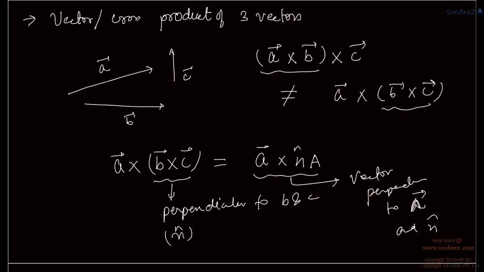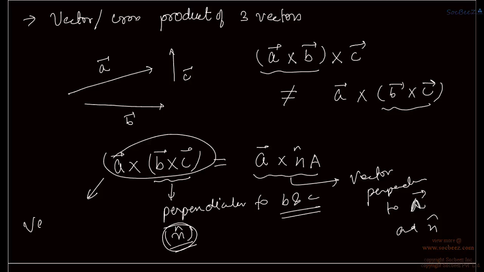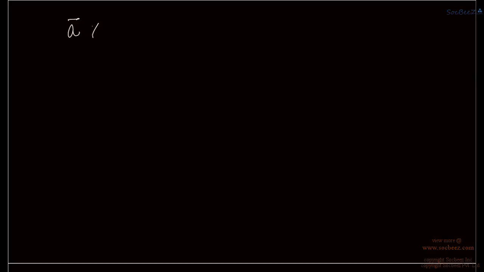That means the resultant is perpendicular to n, that means perpendicular to the normal of B and C, that means in the plane of B and C. So we get a vector in the plane of B and C. So A cross B cross C is something like K1 B plus K2 C.